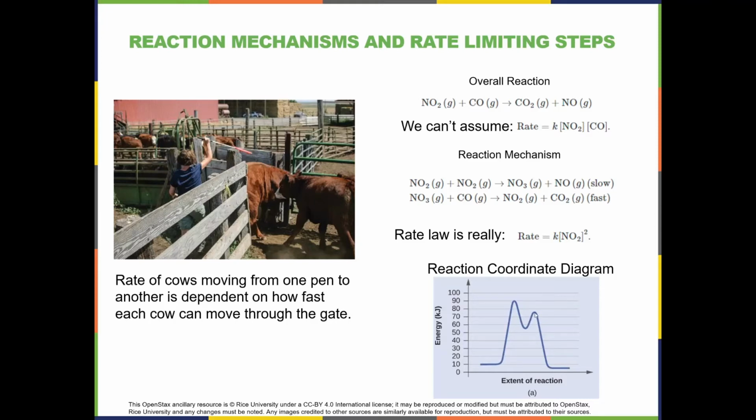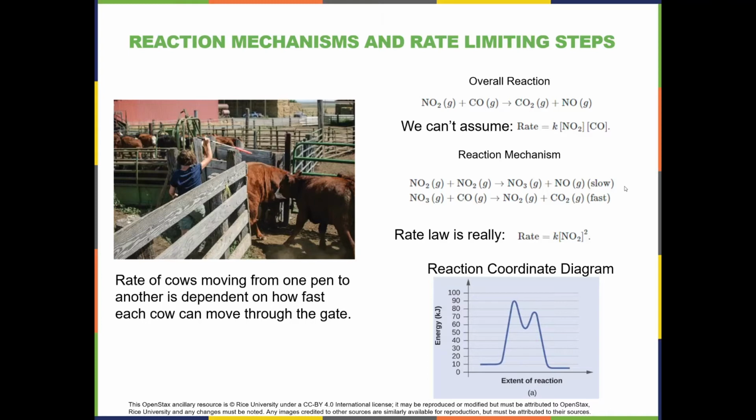And as we talked about in the previous section, as activation energy increases, the rate of the reaction goes down. So the first step has a high activation energy, the second step has a lower activation energy, therefore the first step is the slow step. And the rate of the reaction is dependent on the first step of the mechanism.